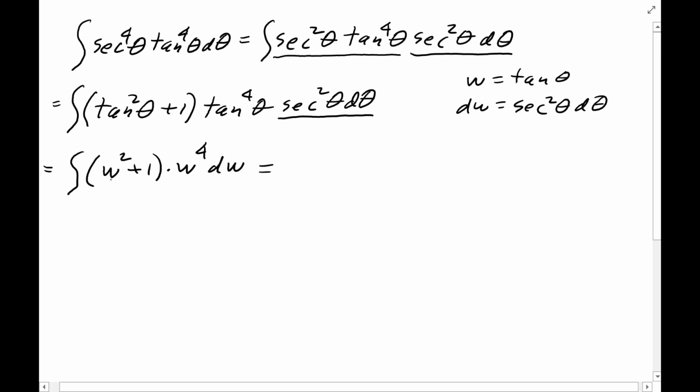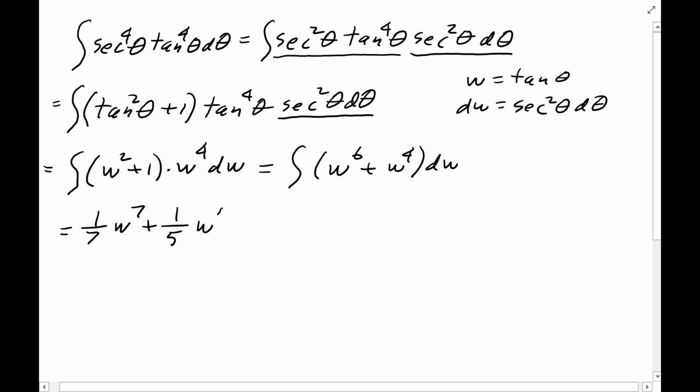We distribute the w to the 4th and get w to the 6th plus w to the 4th dw, and get the antiderivative, which is 1/7 w to the 7th plus 1/5 w to the 5th, and we replace w's with tangent theta.